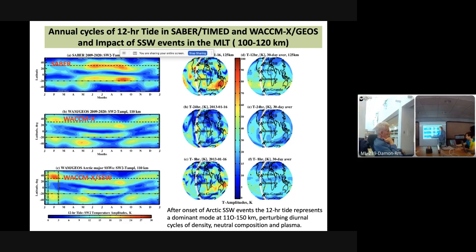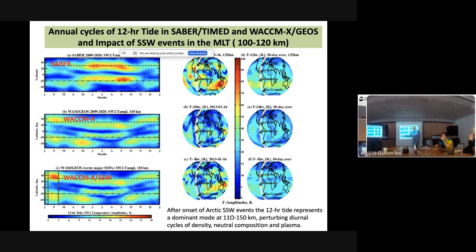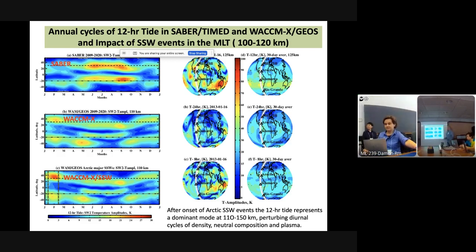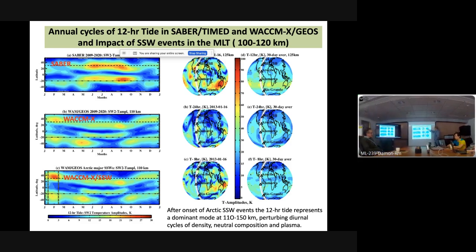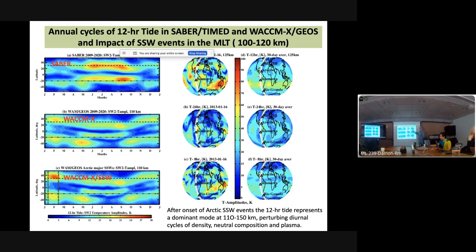So this is a very interesting and powerful observational metric that we need to take care of if we would like to simulate seasonality of the semi-diurnal tide in the lower atmosphere. Here I plotted 125 kilometers, one major representation of semi-diurnal tide amplitudes during stratospheric warming events. This is just the average for January, and you can see how much difference you get in the semi-diurnal tide.